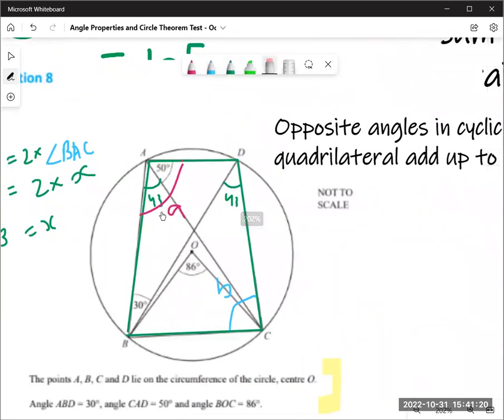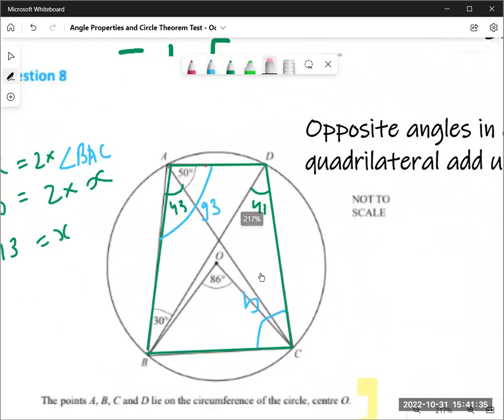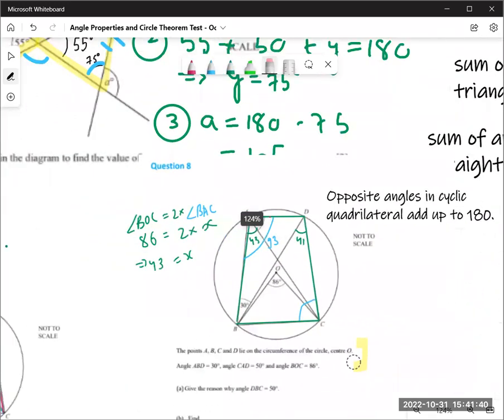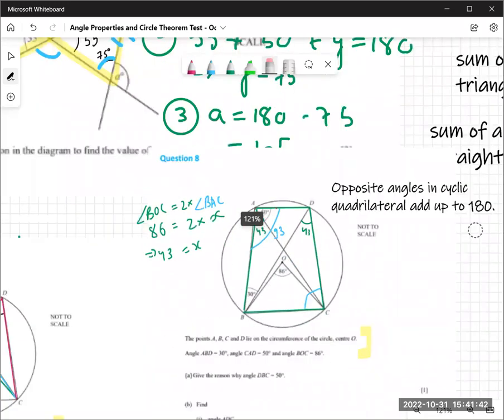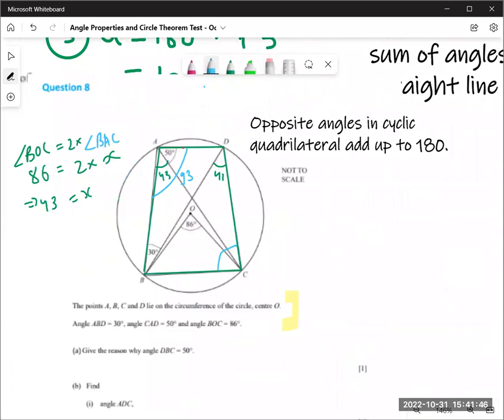What does that give us? 50 plus 43. Diana, how much is it? 93. Yes. So what is the opposite angle right here? No, it's not equal. They add up to 180. So 180 minus 93, which will be how much? 87.